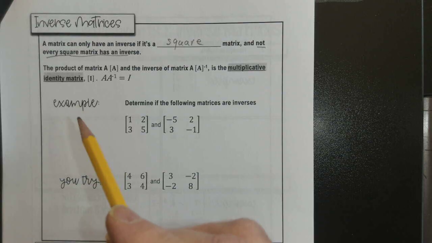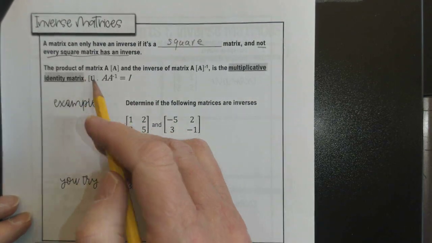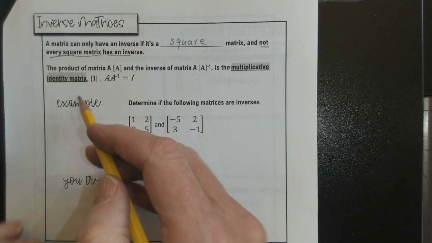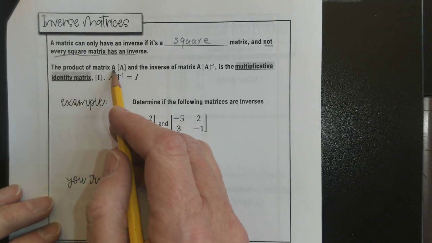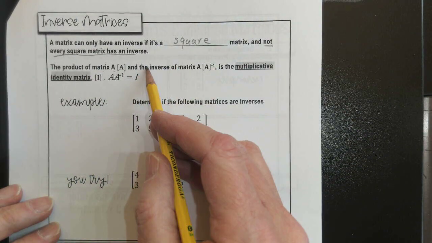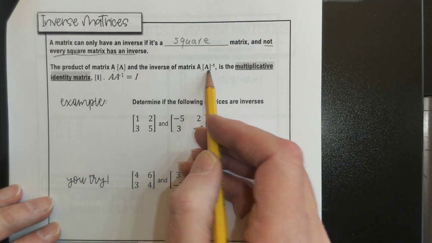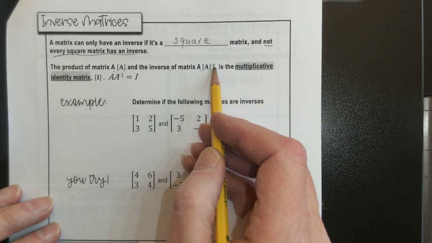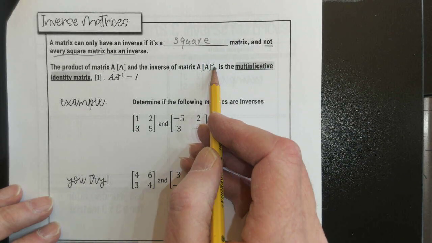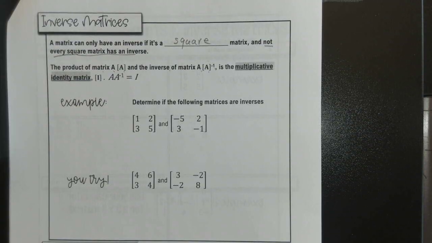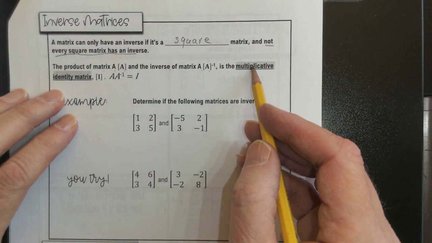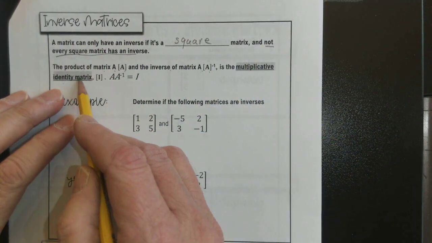All right. The product of matrix A and the inverse of matrix A, usually written with a negative 1 exponent, that's the notation for the inverse, is the multiplicative identity matrix.